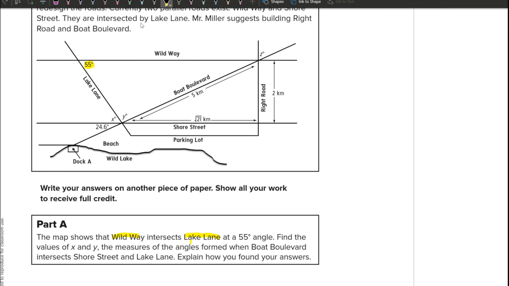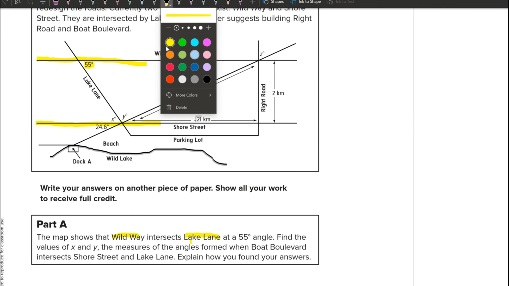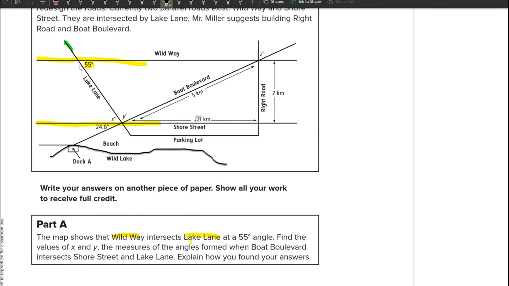So it's just based on the picture. We're going to try to solve for x and y. Any idea how to do this? You have Wild Way and you have the shoreline cut by a transversal. Okay, so I wonder which angles are equal to each other. If you say that this 55 angle, the vertical angle across from it is also 55 degrees, you're right.